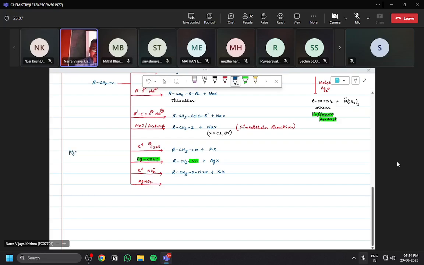Ag bond, how should it exist? Ag bonded to N double bond O. In the case of d-block elements, this bond is covalent, so it will not break easily. So which acts as the donor now? Nitrogen. If nitrogen acts as the donor, the product should be R CH2 NO2.